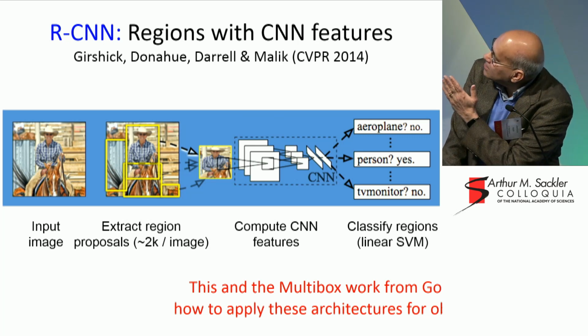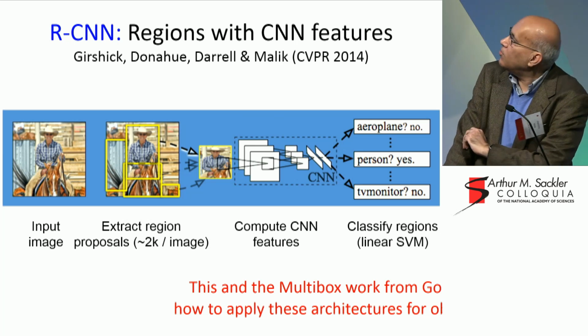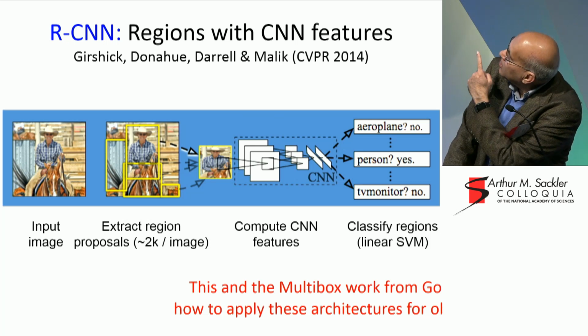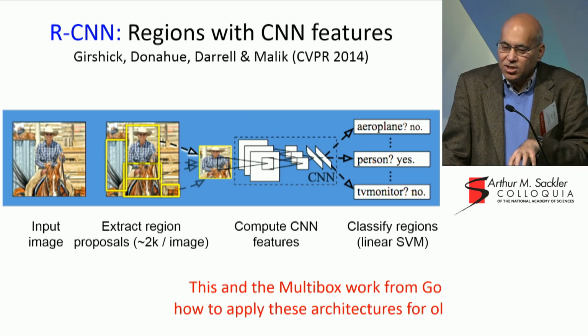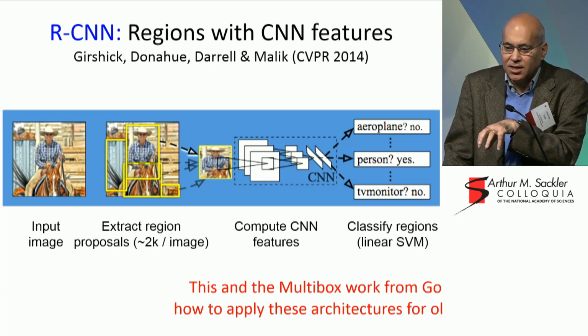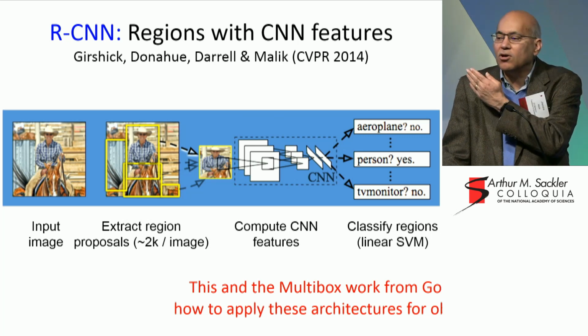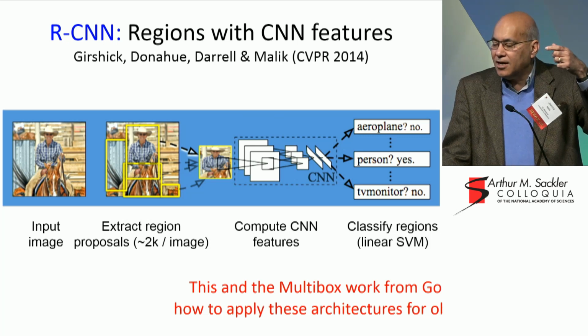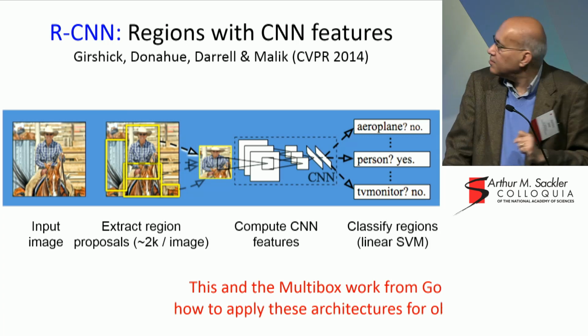And so this line of work called RCNN, which is regions with convolutional neural nets, the first paper in that series is the one cited here, where the basic idea was that you have some bottom-up candidates of places which might contain objects. Then you take those pixels and you run them through a convolutional neural network, and at the highest layer you're going to have a new set of features from which a linear classifier will be able to say, is this a horse or is this a person?